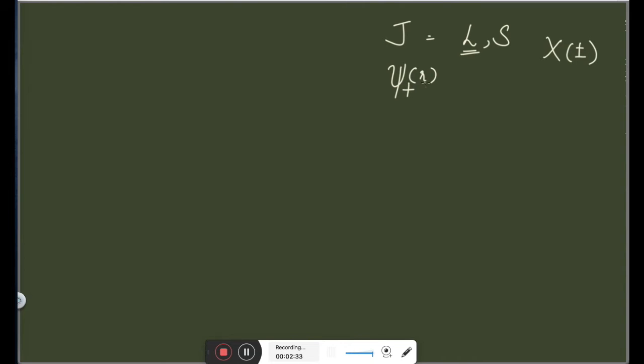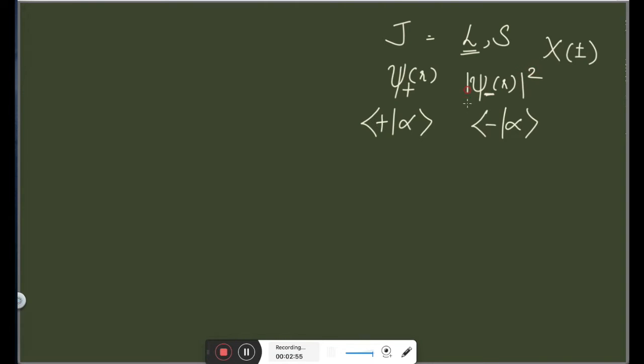you will get two such functions, psi plus of r, which is the plus state with alpha, and psi minus of r, which is the minus state with alpha, in the position representation.